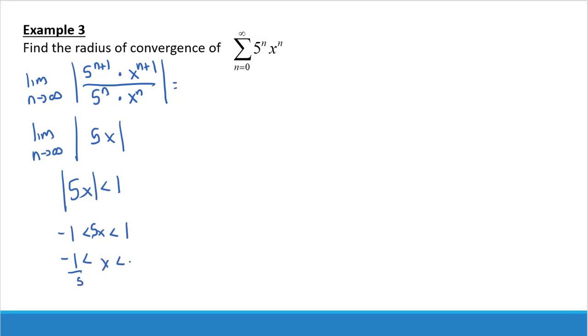If I divide by 5, looking at this a different way, that's my center, and then on either side is my radius. So my radius in this case is 1/5.